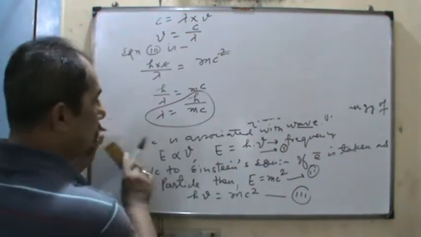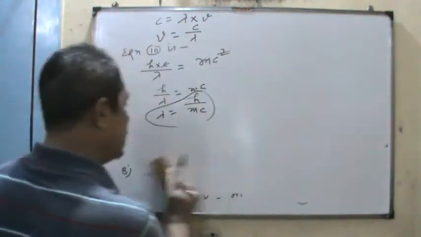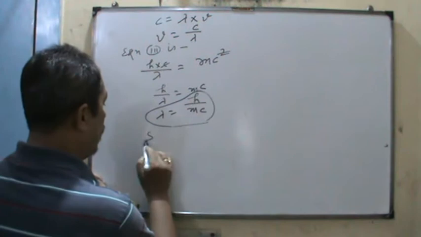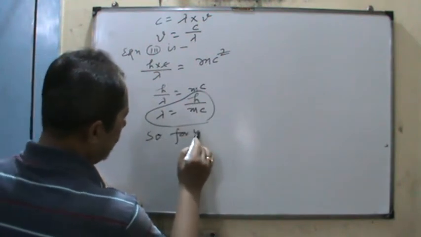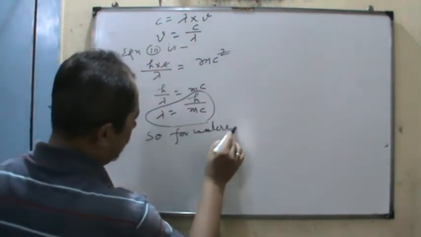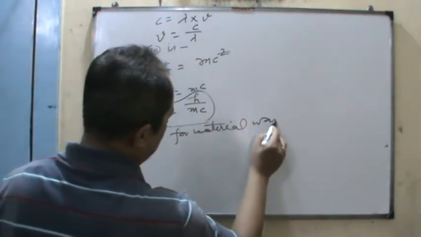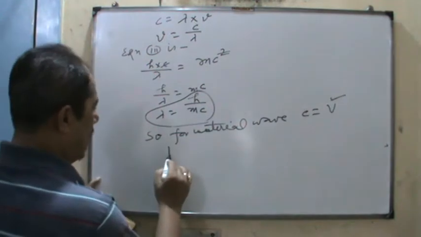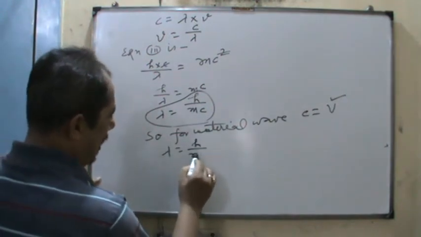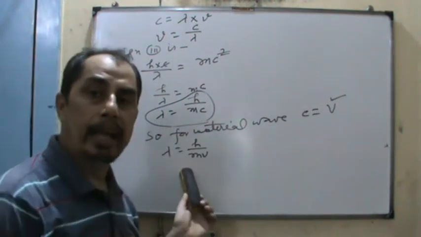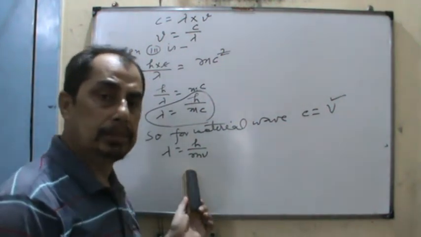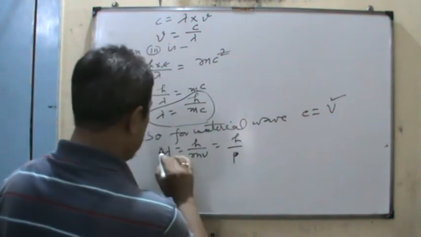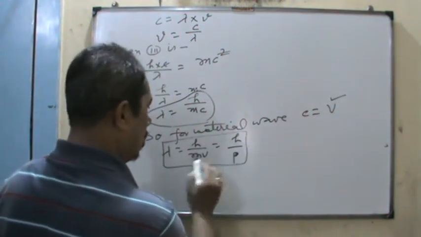So, as far as the material wave is concerned, we change c into v. Thus lambda is equal to h upon mv. M is the mass and v is the velocity, and mv is the momentum. Here we have proved the de-Broglie equation.